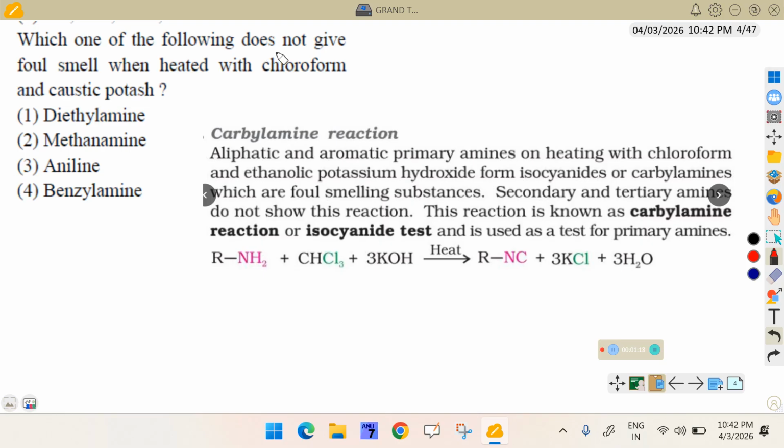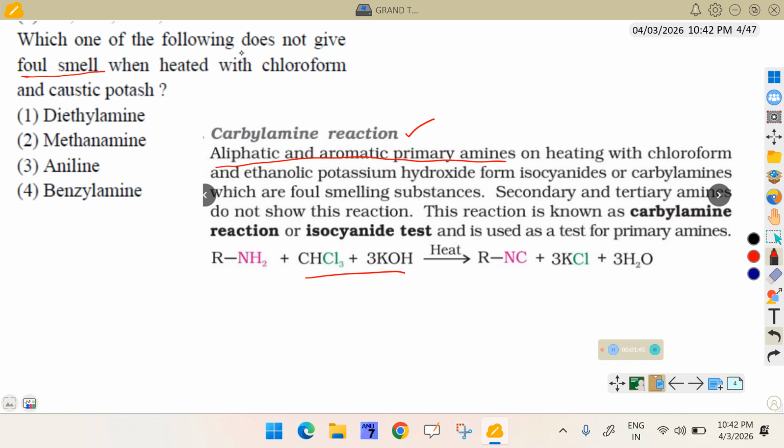Which one of the following does not give foul smell when heated with chloroform and caustic potash? The test is considered as carbylamine test, which gives positive result. Aliphatic and aromatic primary amines give positive result.